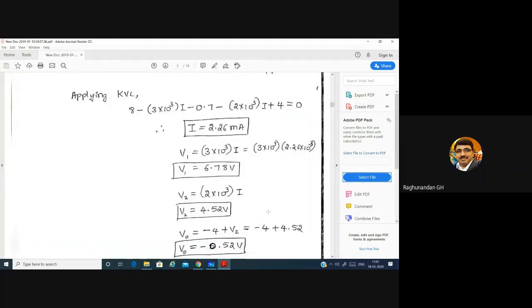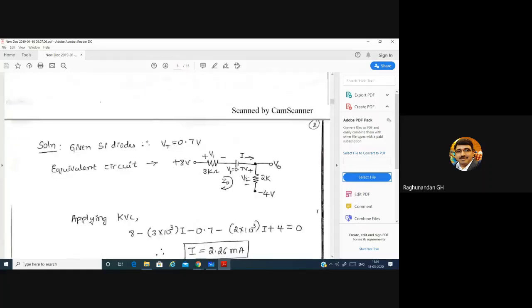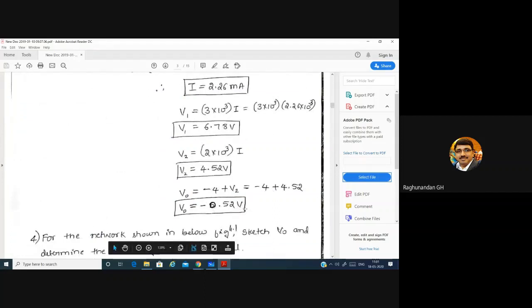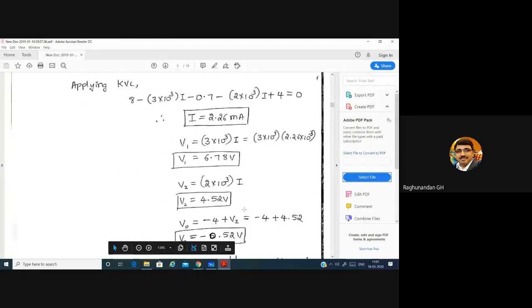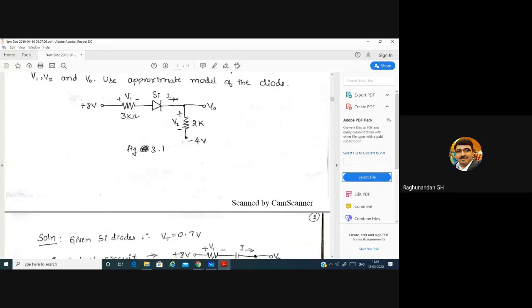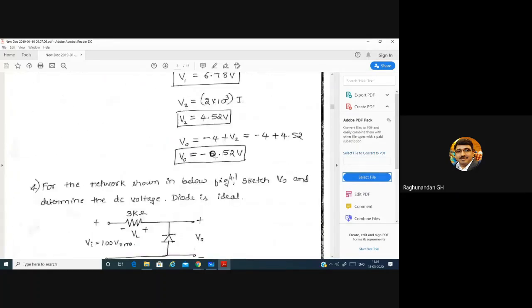So what you can do is consider 4.52 minus 4, which gives you 0.52 volt. Since the output voltage becomes negative while applying KVL, it will carry a minus sign.